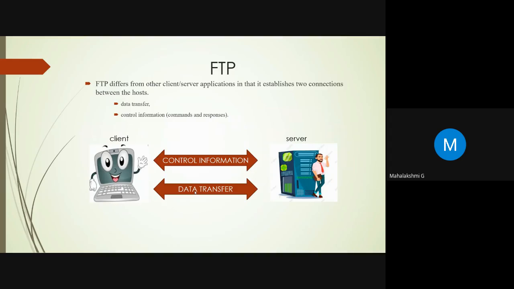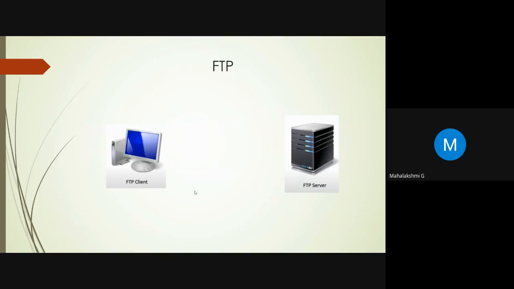Here FTP uses two well-known TCP ports. For the control connection, it uses port 21. For data connections, port 20 is used. So we will have a small example. We have an FTP client and an FTP server using port 21, and the control connection is established.